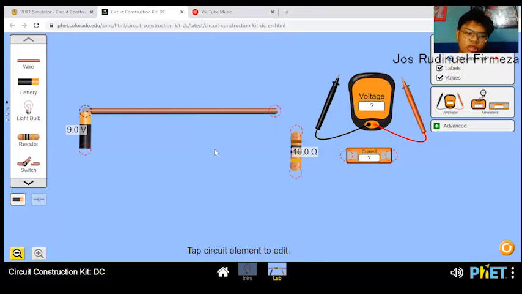Then let's also grab and place a switch over here below, and then add more wires. I mean wires, not switch. There it goes.